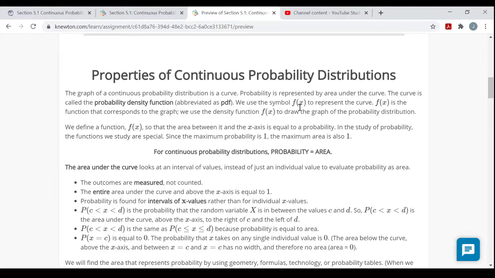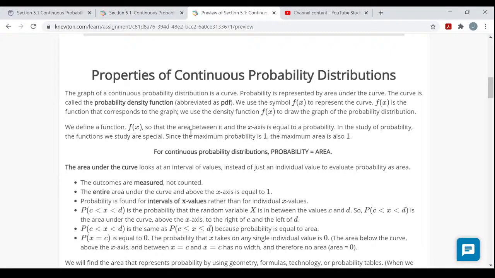We use the symbol f of x, right? Just like a function in algebra, right? F of x, to represent the curve. F of x is the function that corresponds to the graph. We use the density function f of x to draw the graph of the probability distribution. We define a function, f of x, so that the area between it and the x-axis is equal to the probability.